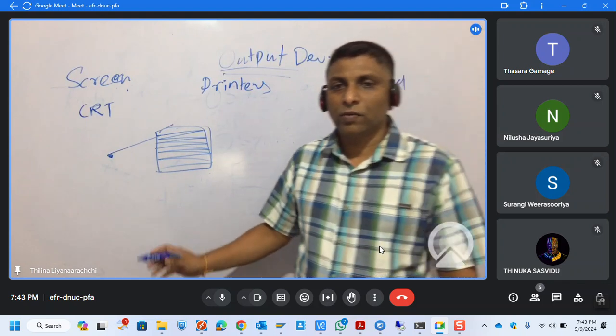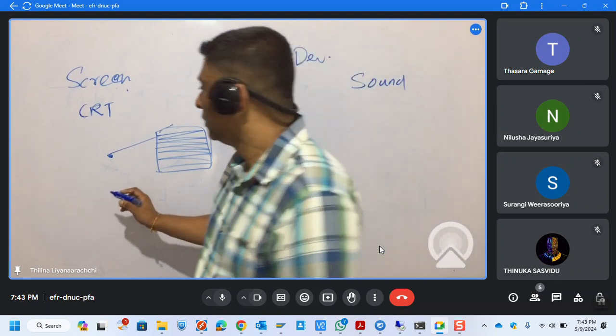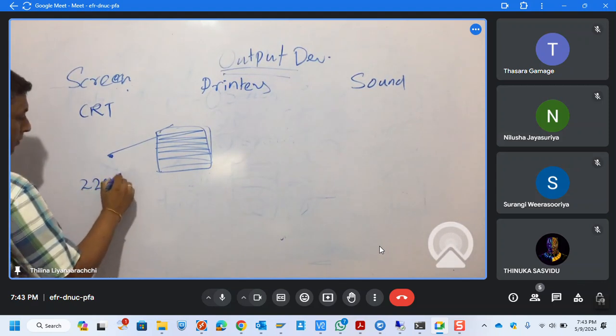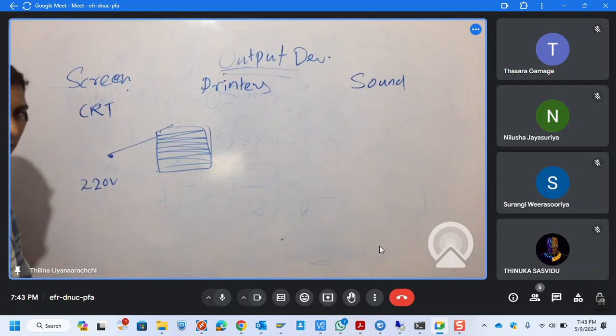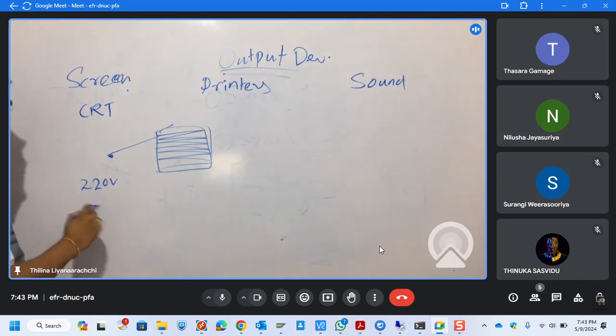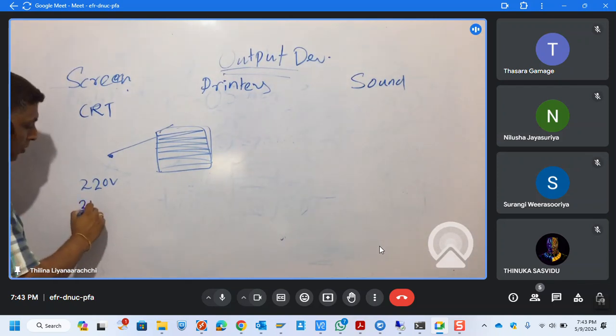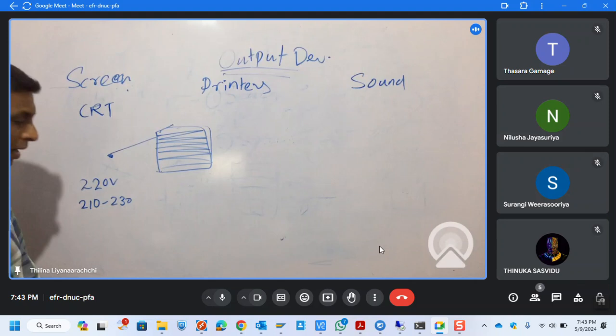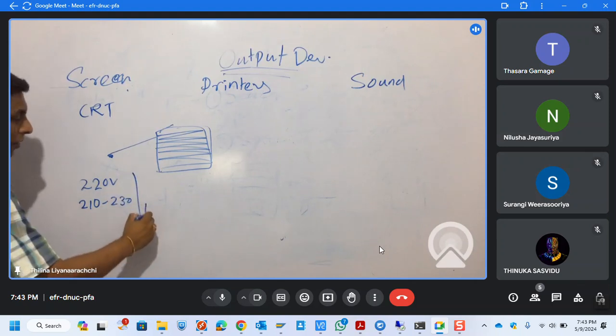So what's our normal house voltage? It's 220 volts. Actually it varies from 210 to maybe 230, but some countries use 110 volts.